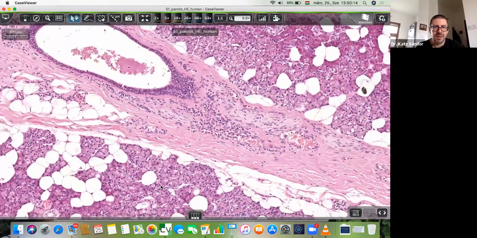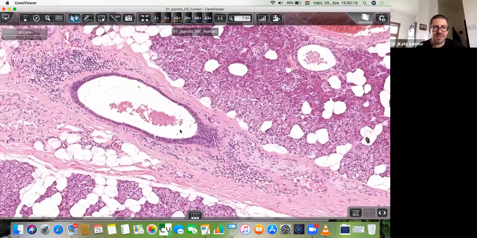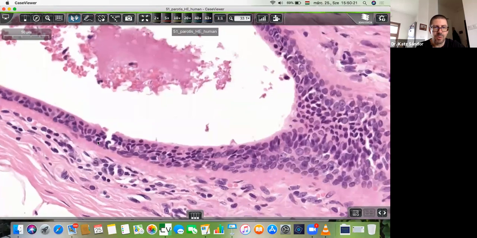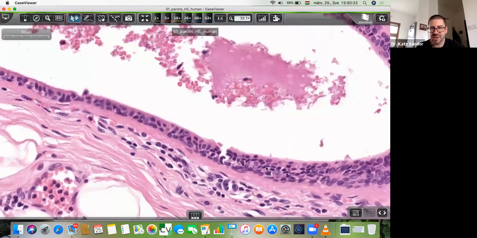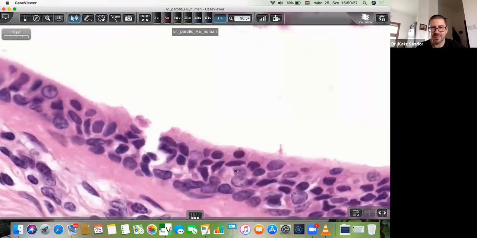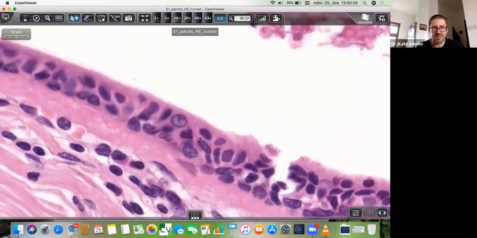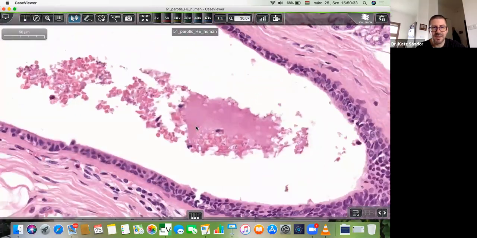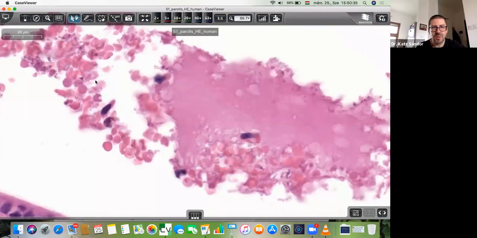Definitely here we can see a really big interlobular duct. It's lined by stratified columnar or cuboidal epithelium. So this is a huge duct. And look at that. Numerous red blood cells are inside, and this is plasma, the preserved plasma.